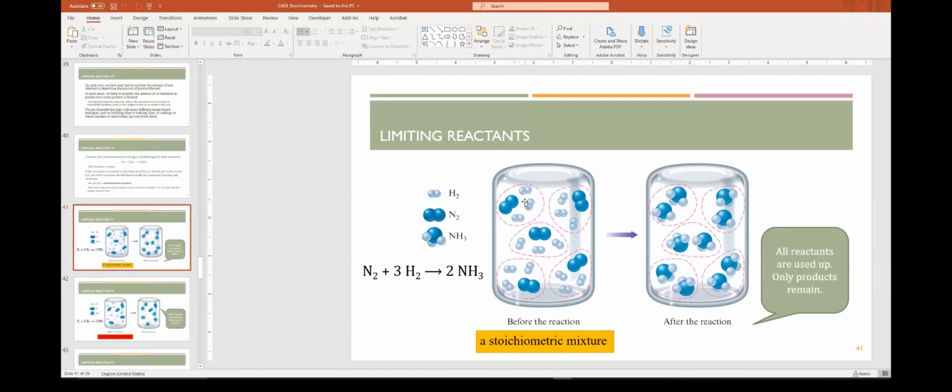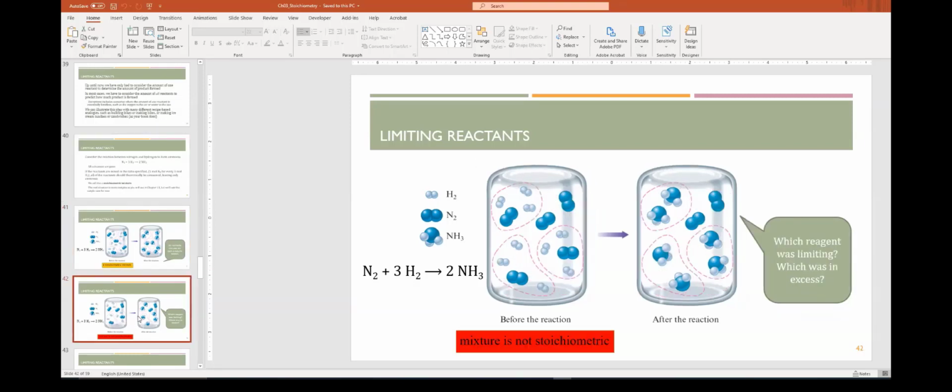And at the end, if we had all these little imaginary bubbles, every one of these would change into 2 ammonias. And what we would find is all the nitrogen and all the hydrogen has been completely consumed, and we have only ammonia, and everyone lived happily ever after. Okay? Again, not reality, but this is how things should go.